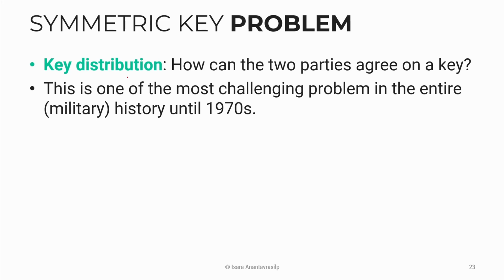We do not have a way to safely exchange the key unless we meet personally. We can send this key using post, we can just talk on the phone, but how can you be sure that Trudy is not intercepting the post or tapping the phone when Alice and Bob are exchanging keys?